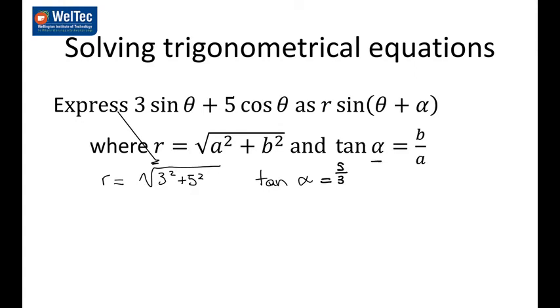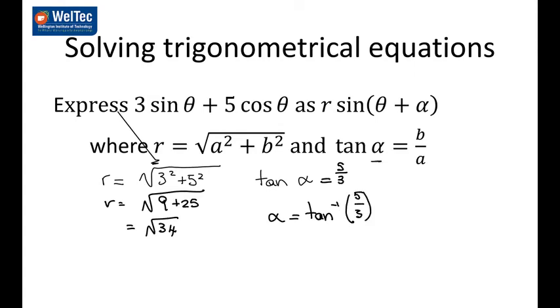So R is equal to the square root of 9 plus 25, which equals root 34. And alpha would be the inverse tan of 5 over 3, which you would look up in your calculator.